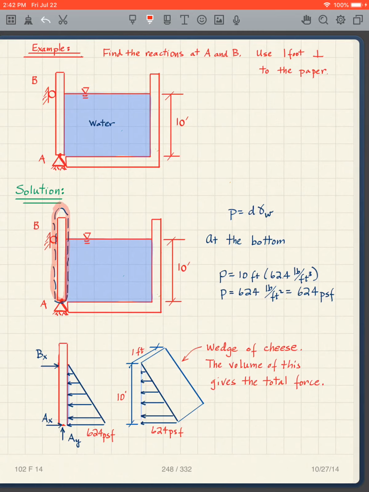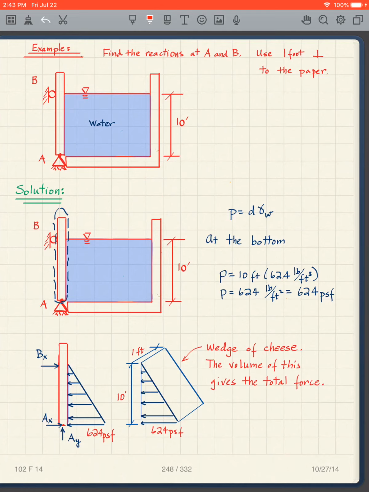So I'm going to cut close to the wall, but I'm going to cut a hair into the water. So this is a cut through the water. And that means I have to follow the rules for making a cut through water, which is the pressure rules that I just showed.